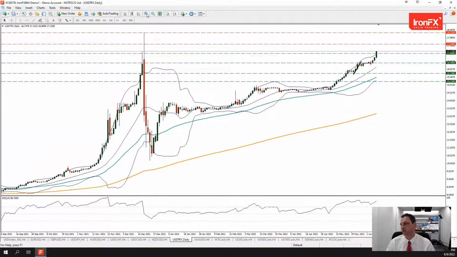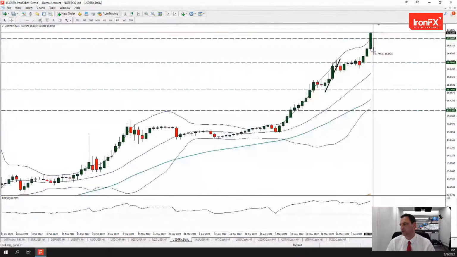It had a movement of 431 pips actually, which is quite substantial.